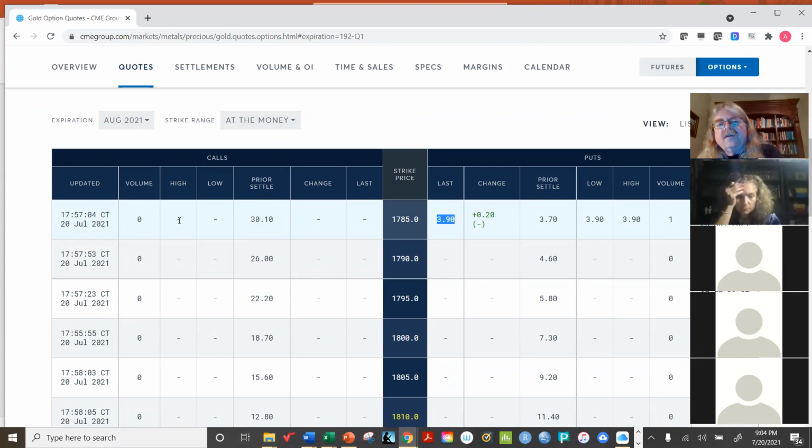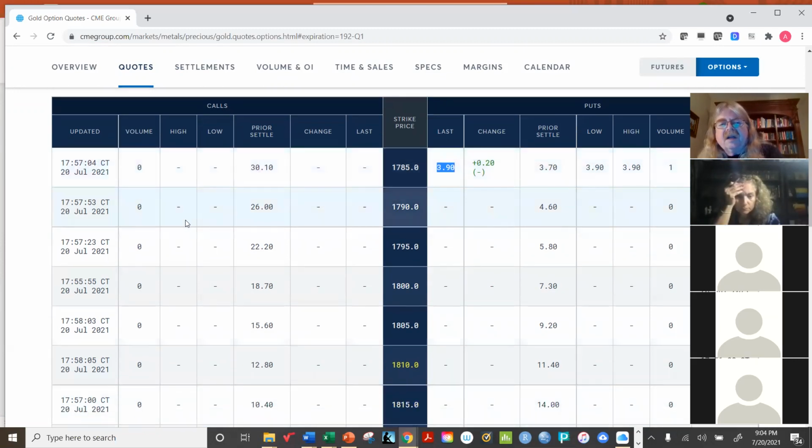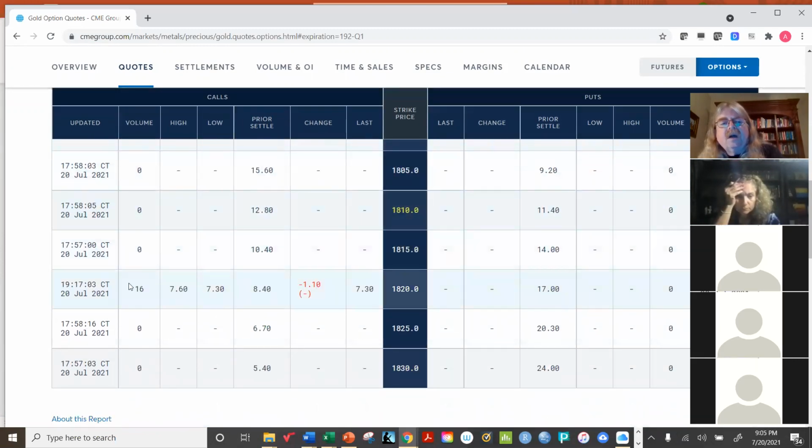There's none over here for, okay, so you know what that might mean? It means that nobody bought this option today. Here's one that did trade with a strike of 1820. It looks like somebody paid $7.30 for this option.